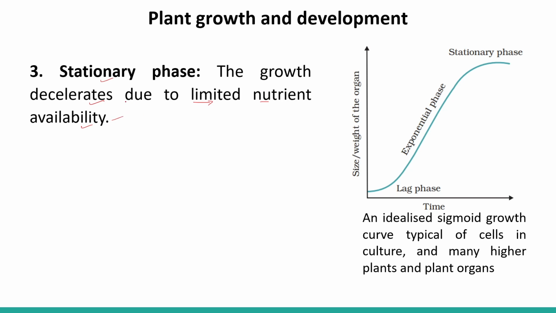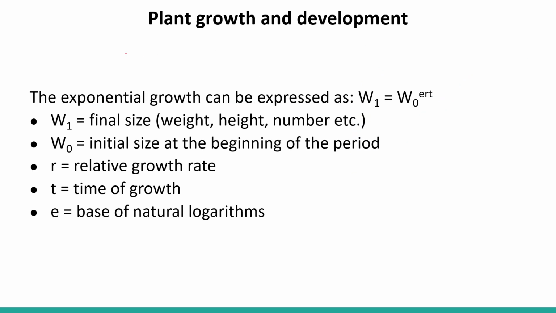So that's why growth becomes slow again here and becomes stationary later, as the nutrients are depleted. So during the stationary phase, the growth will initially decelerate and become stationary due to the lack of availability of nutrients. So these were the phases of the geometric growth.